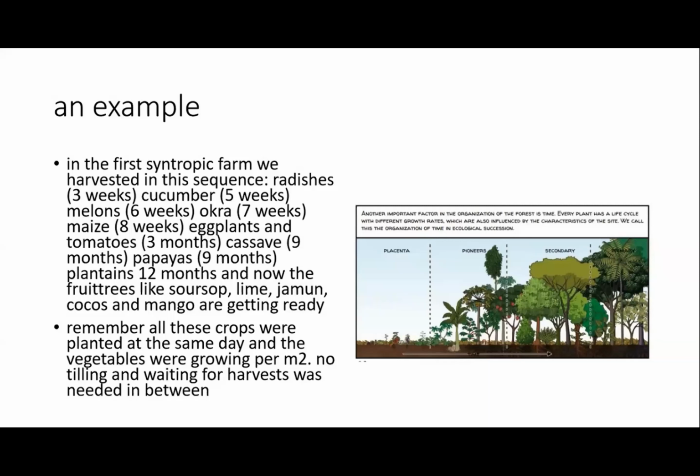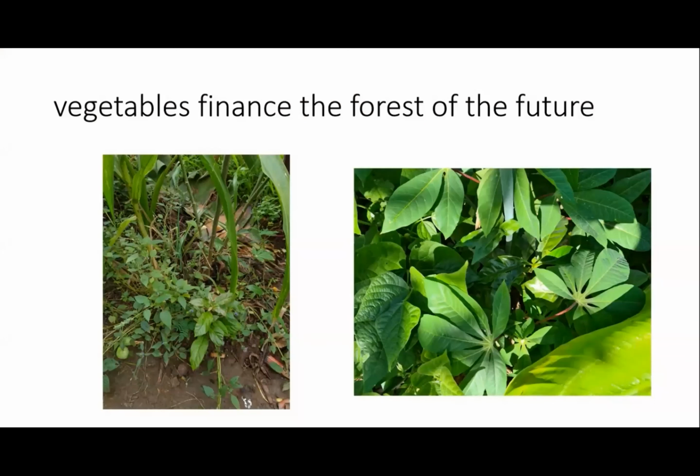But now, before the maize got ready, you got already the radishes, you got cucumbers, you got melon, without losing anything on your maize. And after the maize, the harvest goes on without any work, without any tilling, without applying new fertilizers. The only thing we do is chopping and dropping.